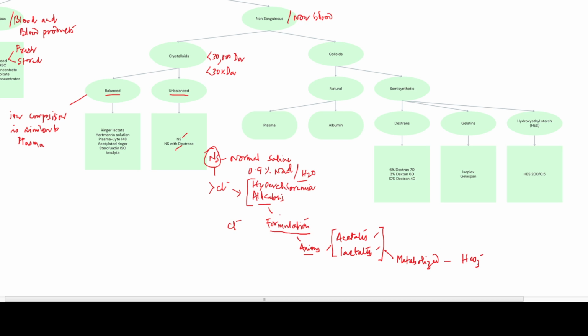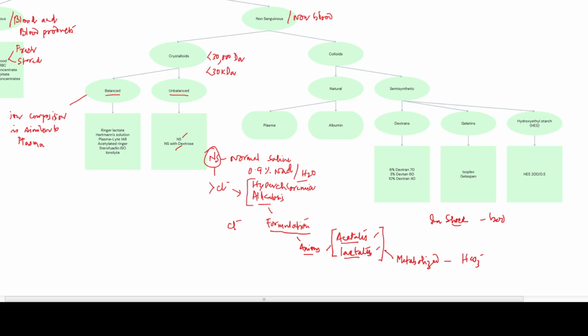Most of these formulations are formulated as acetates or lactates because eventually these salts get metabolized to bicarbonates, and these bicarbonates can prevent alkalosis.